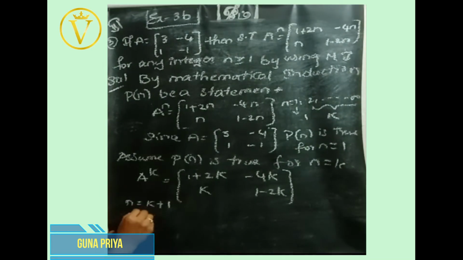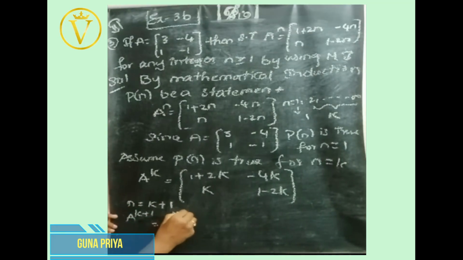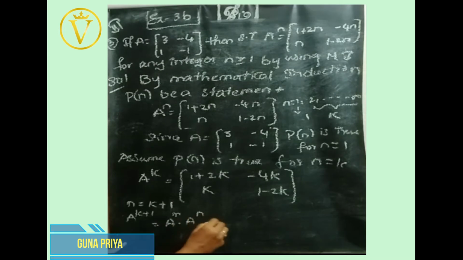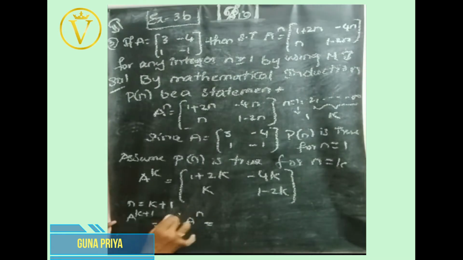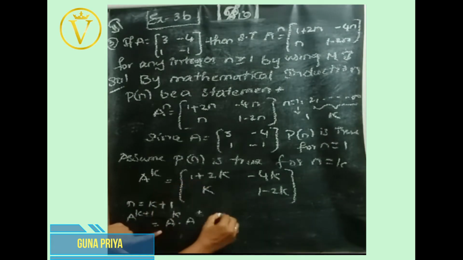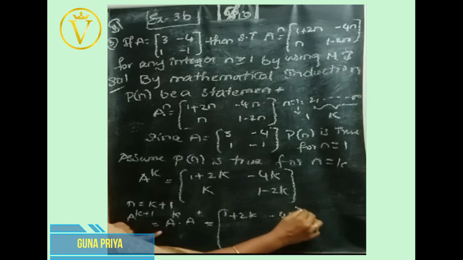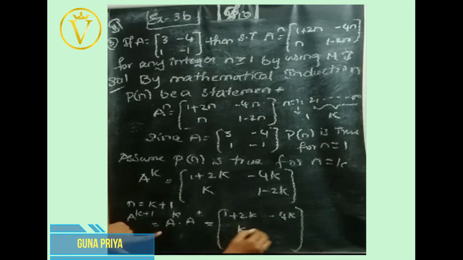So A power k plus 1 equals A power k into A power 1, since A power m plus n is A power m into A power n. Here m is k and n is 1. So A power k means this one, 1 plus 2k, minus 4k, k, 1 minus 2k.